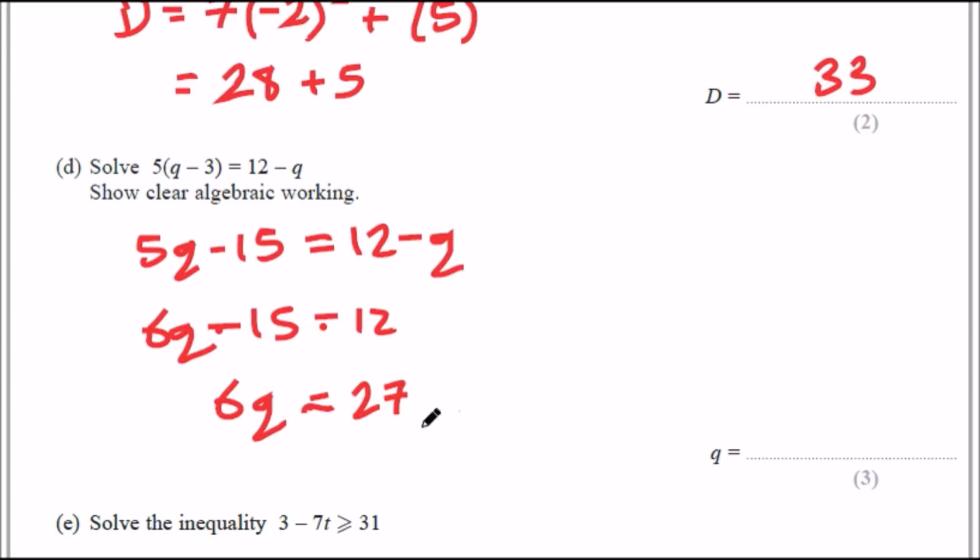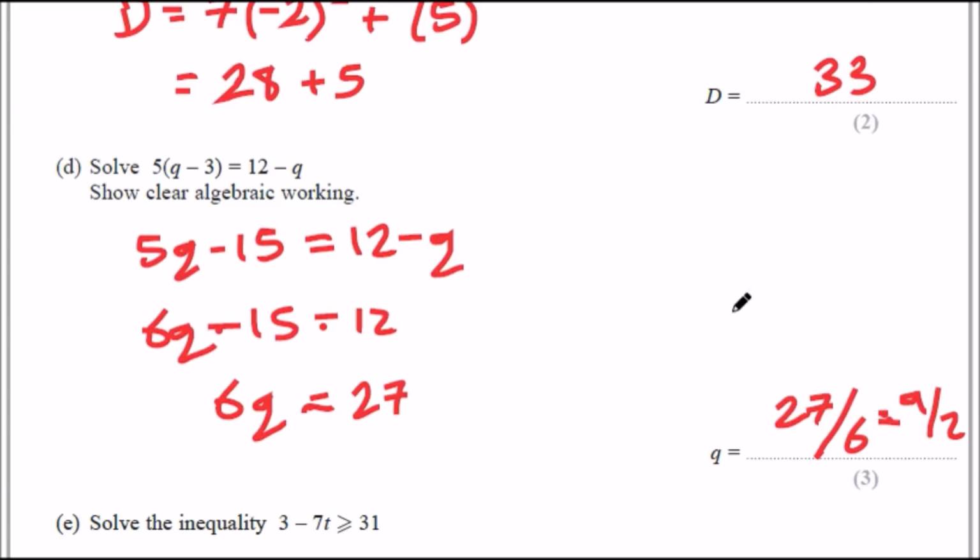And lastly, just divide 6 across, so you're left with q equals 27 over 6. And do we need to simplify? Yeah, I guess so. We can simplify 27 divided by 6. You should get 9 over 2. So q equals 9 over 2.